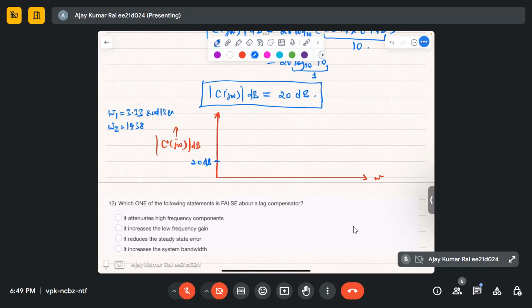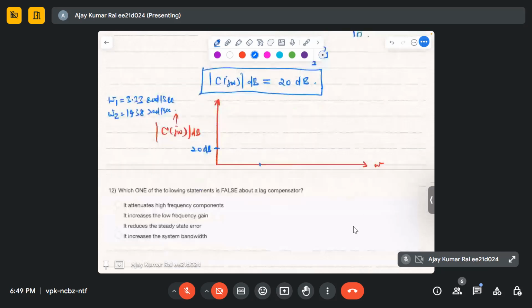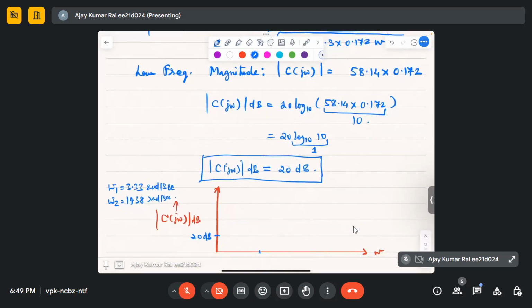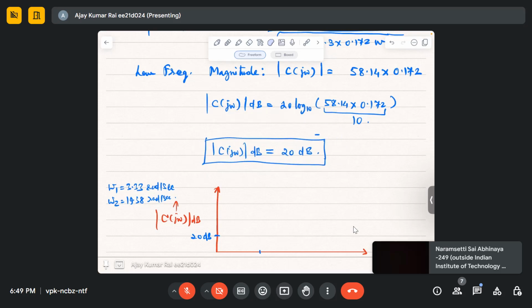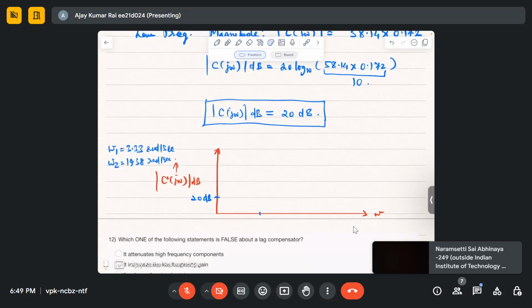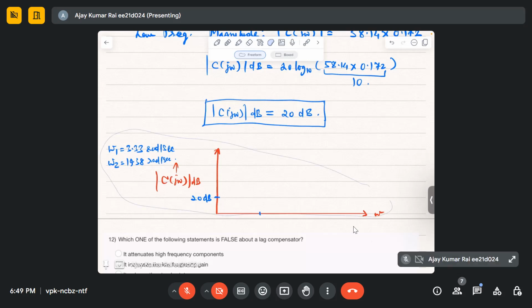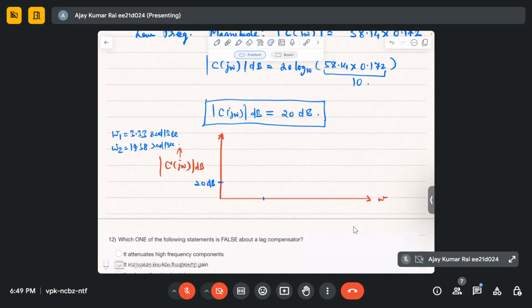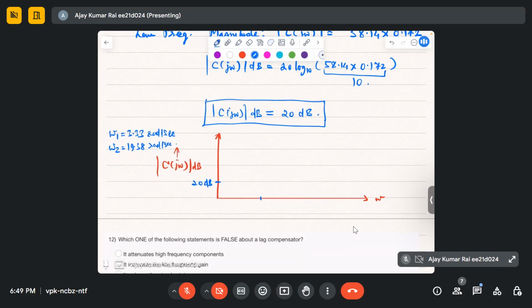So these are in radians per second. So one corner frequency is 3.33, and another will be at 19.38.